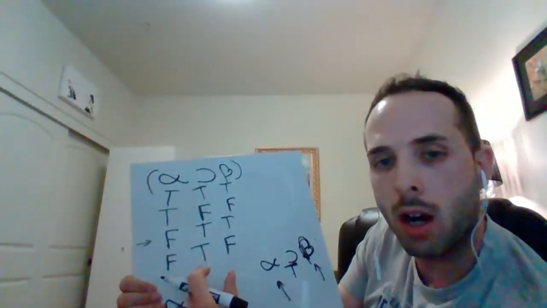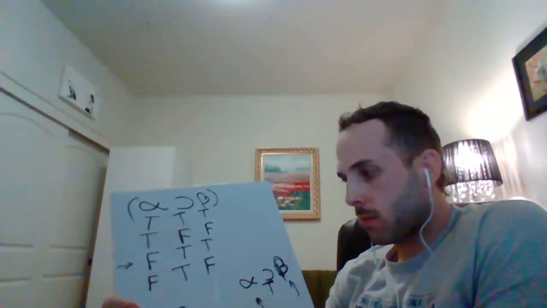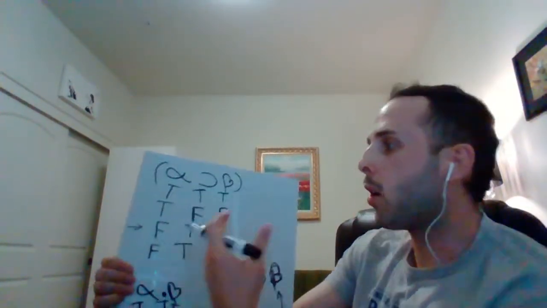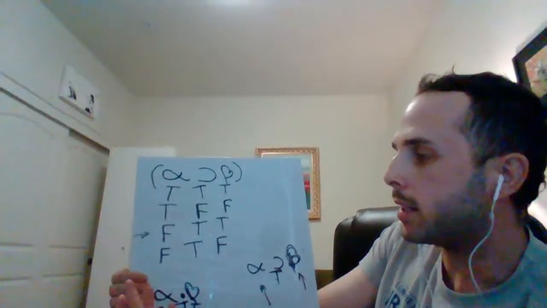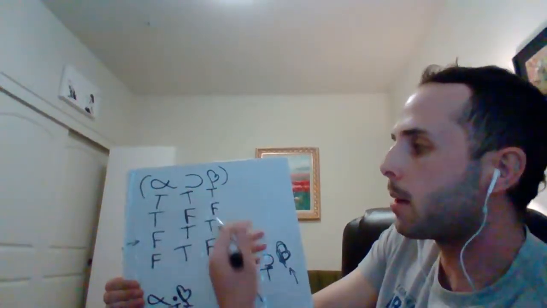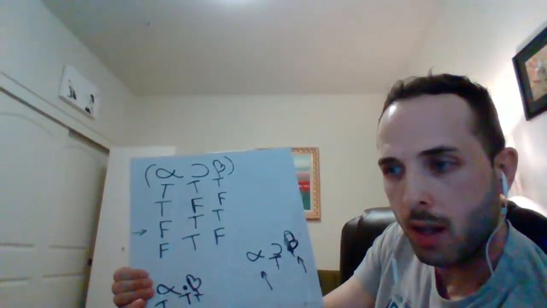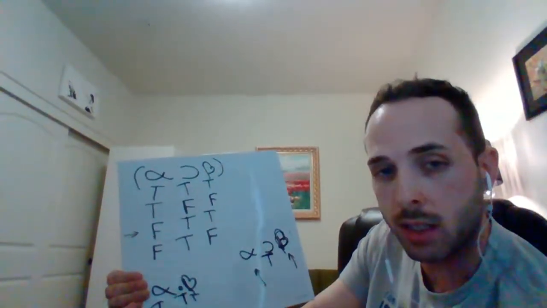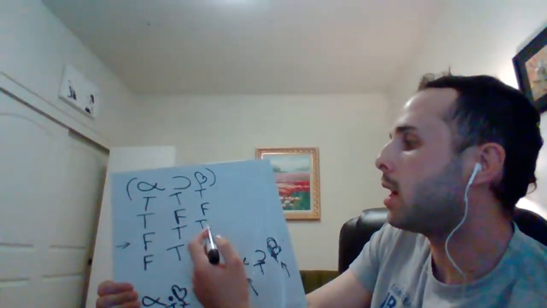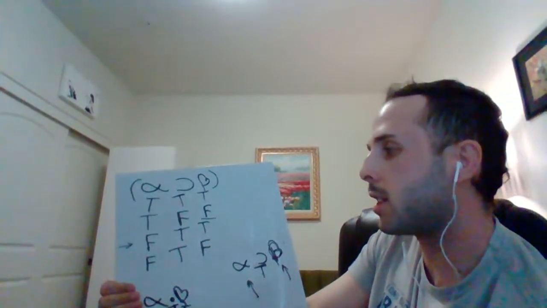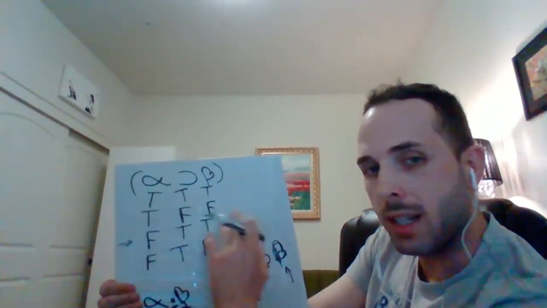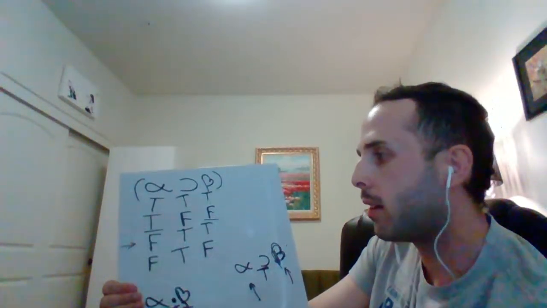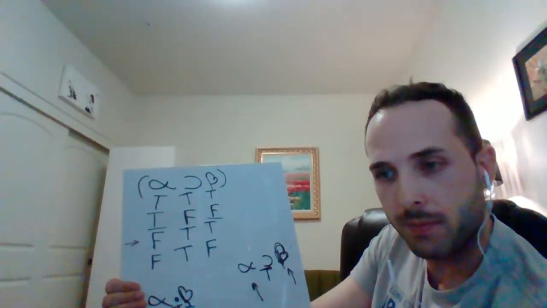And this is what this operator is trying to capture. There are a lot of different ways in which a conditional claim like this could be true. But there's one specific way in which a conditional claim like this is false. And it's when the necessary condition for the sufficient condition isn't met, but somehow we still have the sufficient condition.